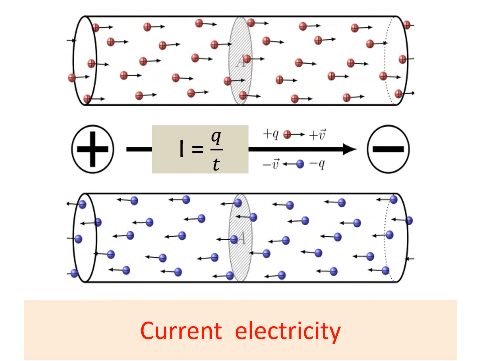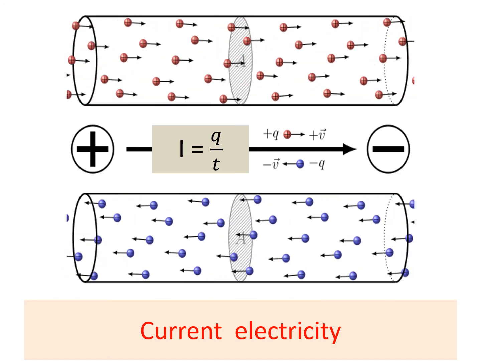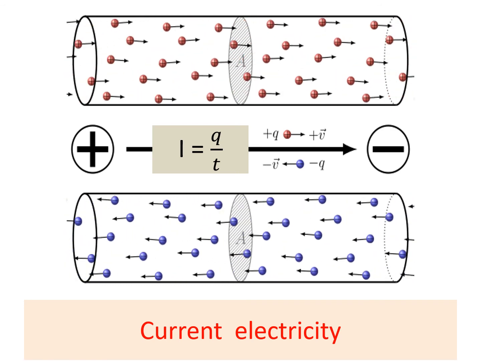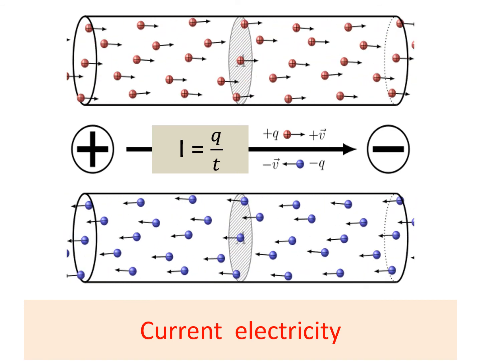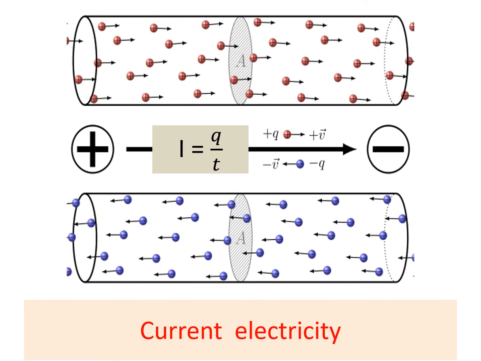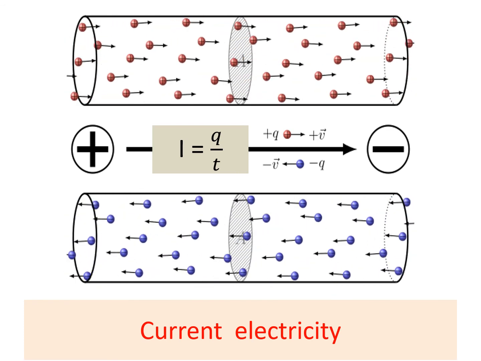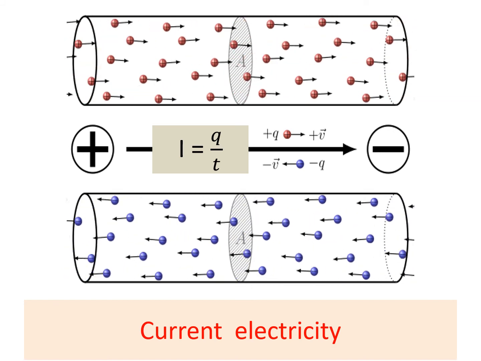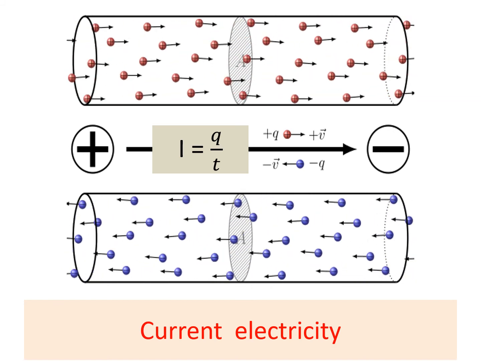And if we consider the electron, then we can see the direction of current along this way. This blue sign means electron flowing. This is the direction of electron flow.